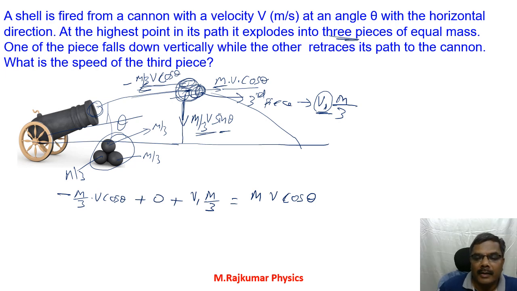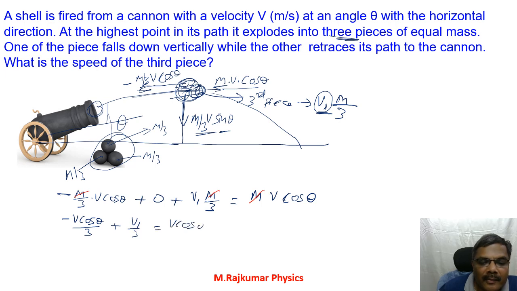In this equation I can cancel the mass on both sides. So what I get finally is minus v cos theta by 3 plus v1 by 3 equal to v cos theta. So this implies v1 by 3 equal to v cos theta plus v cos theta by 3.